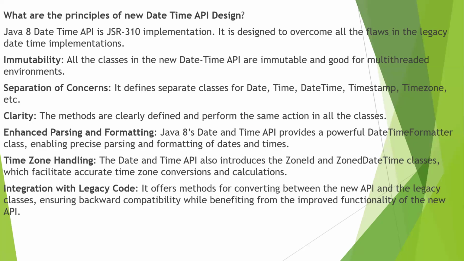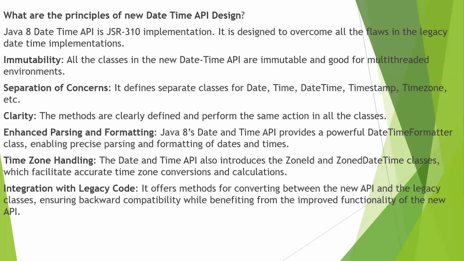And these new APIs still support the existing legacy APIs and provide functionality in converting the date values from the java.util.Date to the new class called LocalDate. In a similar way, the times, whatever they have in the new APIs, can still be used, and legacy things can be converted to the new API dates as well as times.